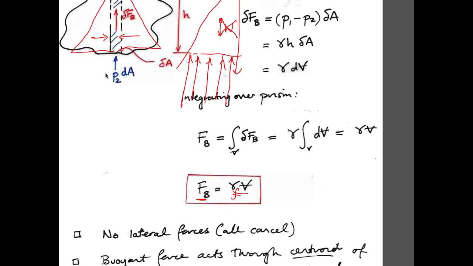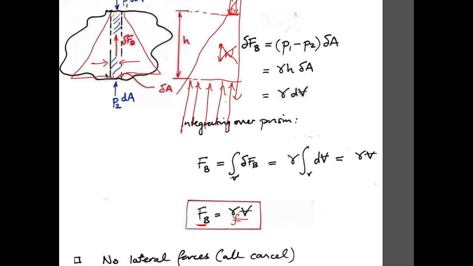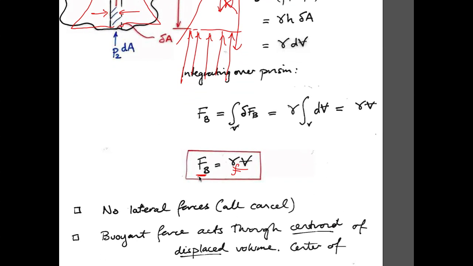And the other important thing to remember is that the point of action of this force acts through the center of volume, if you like, the first moment of volume or area. And so in a cube, it would actually be the centroid of the volume.